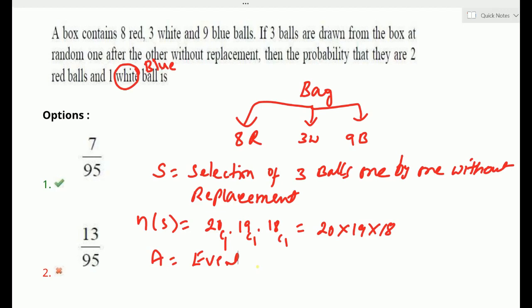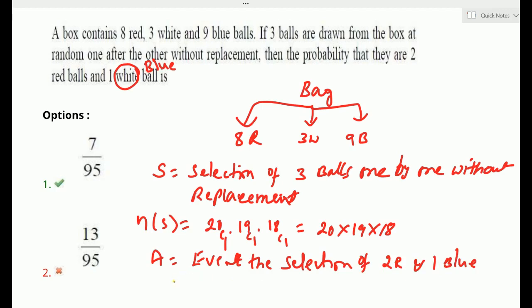How many? 2 red balls, and 1 blue. Okay.